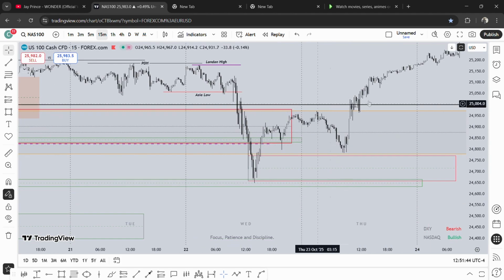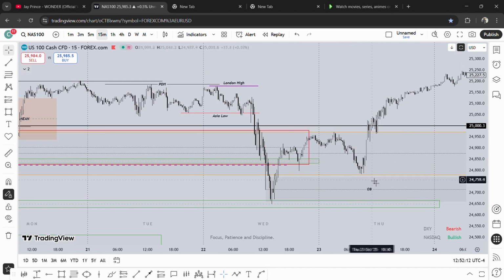And then this level right here, there's a daily fair value gap over here. I use the upper and lower quadrant as a reference point basically. That's what price is going to retest multiple times, and smart money uses these levels as reference points for entries and exits.